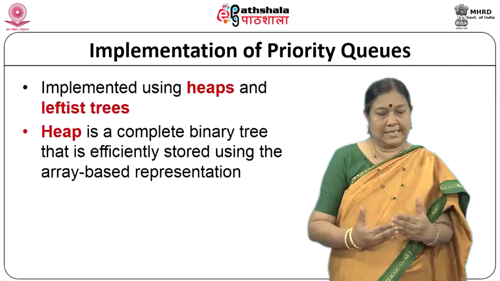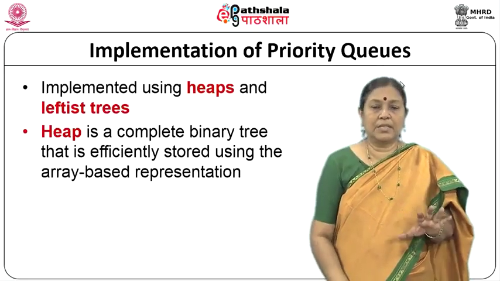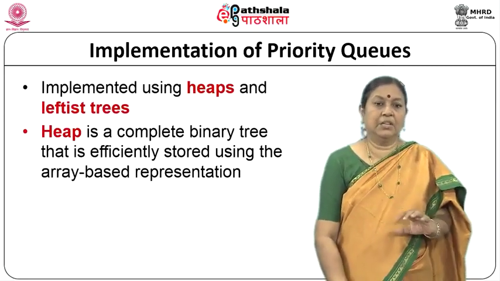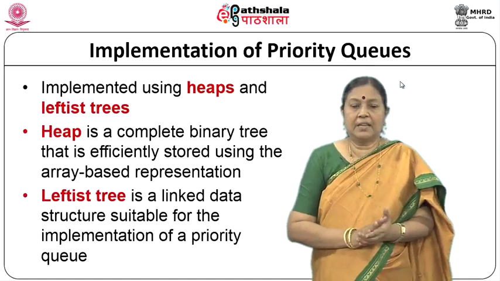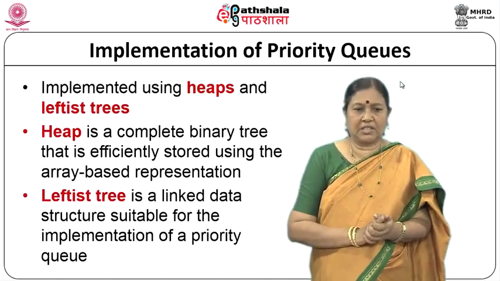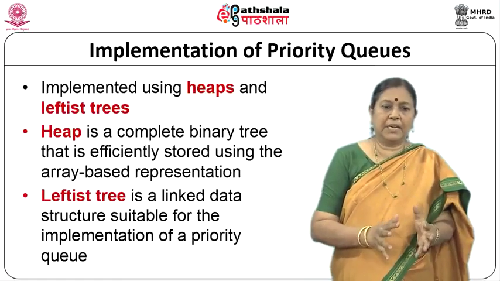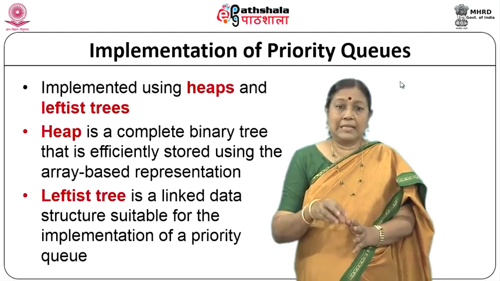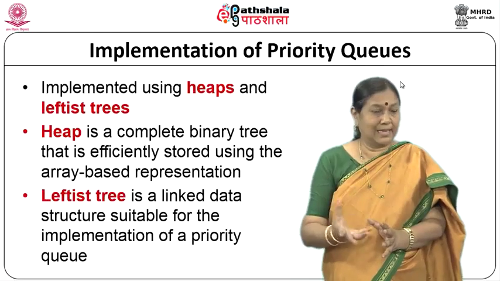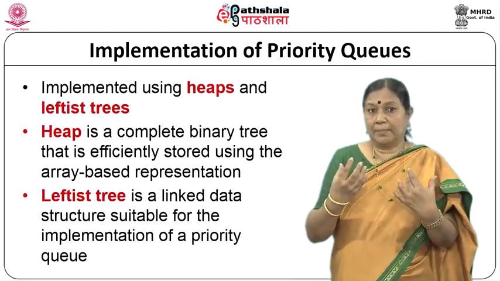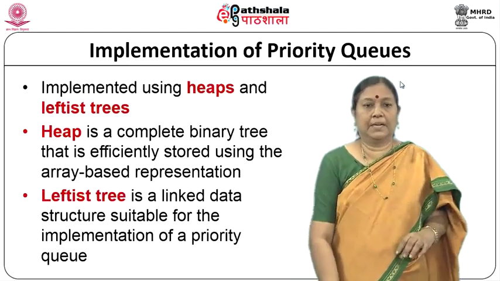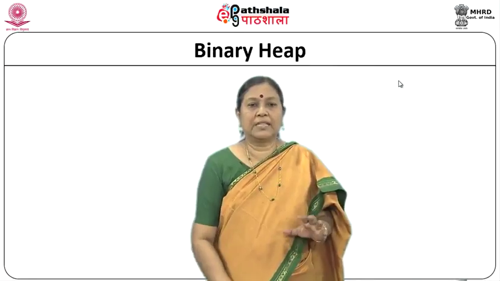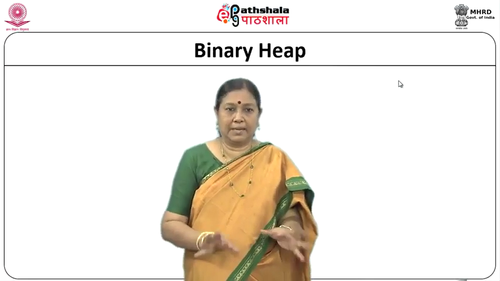I will explain what that means later, and it uses an array based representation. The leftist tree is a linked data structure suitable for implementation of the priority queue. So, we are looking at priority queue, that is our concern in this particular module. We are not looking at other things, we are looking only at the priority queue and how it is going to be implemented. Okay. So, let us first describe what is a binary heap.